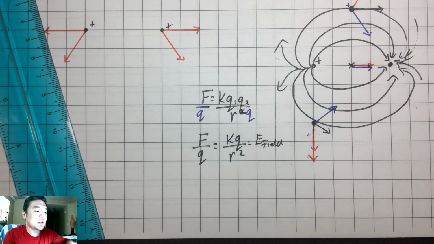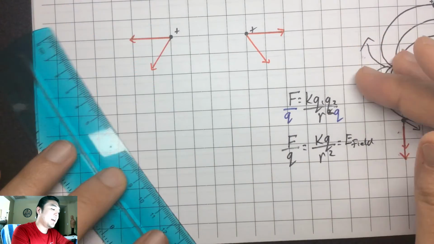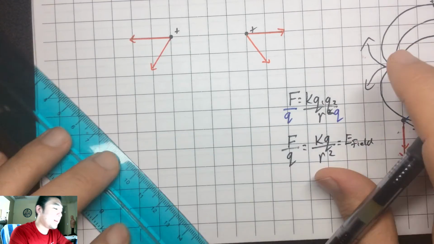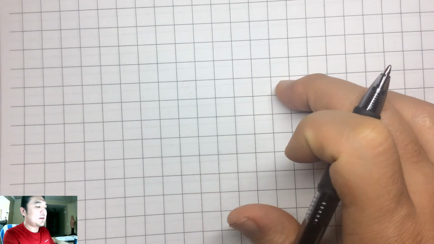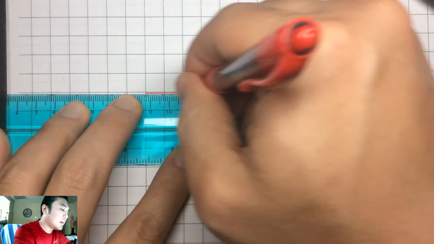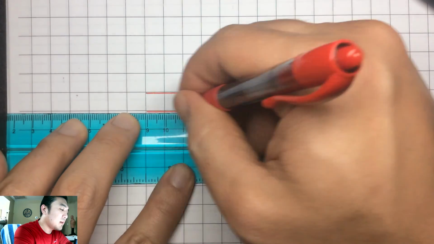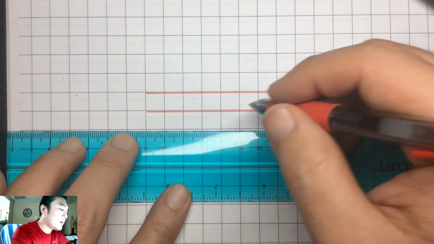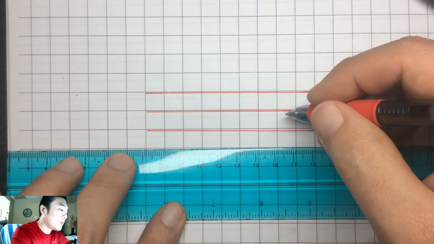So by knowing the electric field strength, you could then place a charge there and know the force on that charge. So, for instance, let me get some more room here. Let's do one more of these.